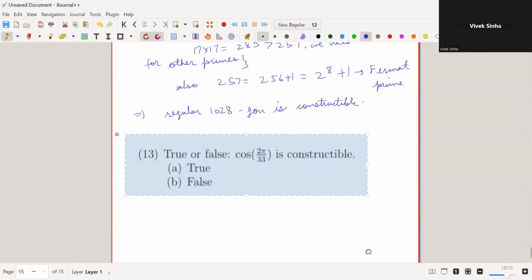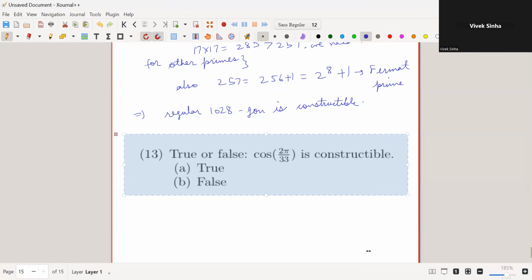Okay, so this is true or false: cos 2 pi by 33 is constructible or not.